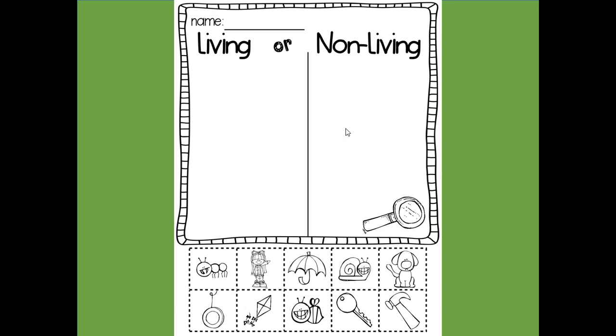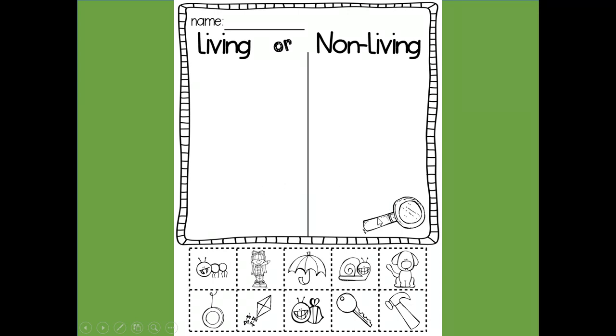All right, this is your assignment that goes with this. If you can print it out, go ahead and print the link out that's on the lesson plan, but you need to cut these pieces out and sort them. Is this item living or is it non-living? And you need to put them in the correct spot.